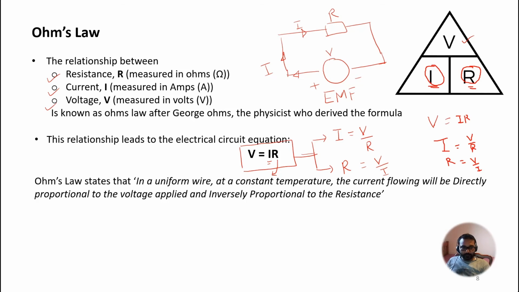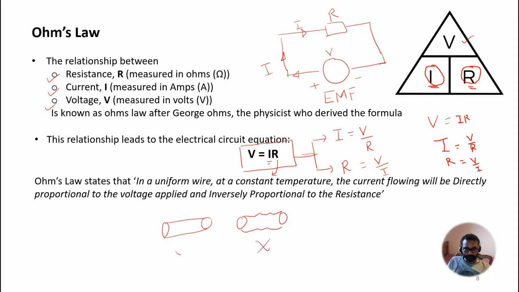Okay, so now let's try and understand the exact statement of Ohm's law. Ohm's law states that in a uniform wire, so your wire should be uniform and there should be no irregularities in the wire, right?